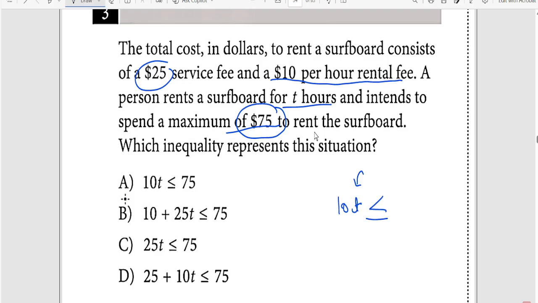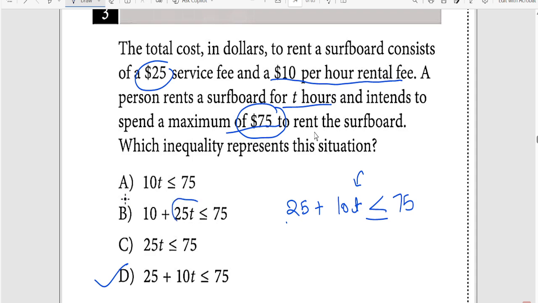And 25 is a service fee, right? So 25 plus 10t should be less than or equal to 75, right? So option D is correct, right?